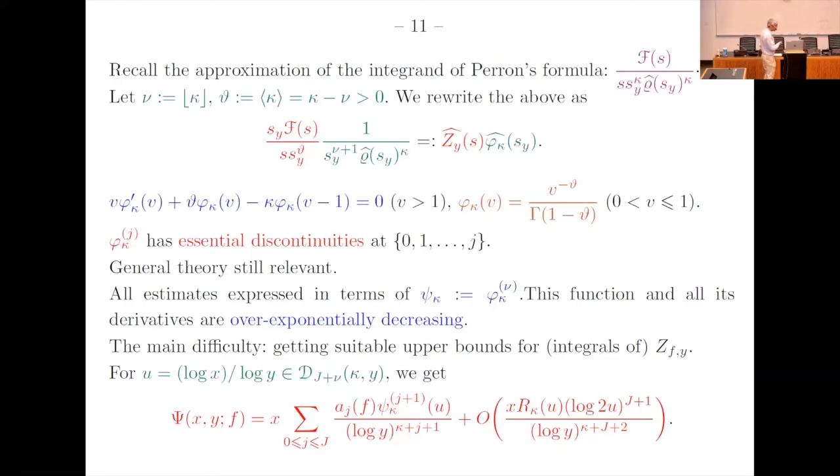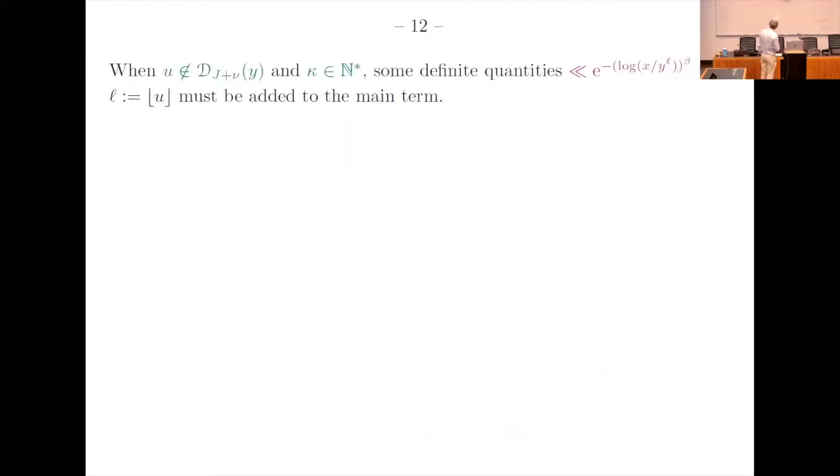Okay, so I need to stop. But just to say that if the fractional part of u is small, then there is some extra term which can be bounded by such a term. So you see that if x is close to an integral power of y, then this term is not small.